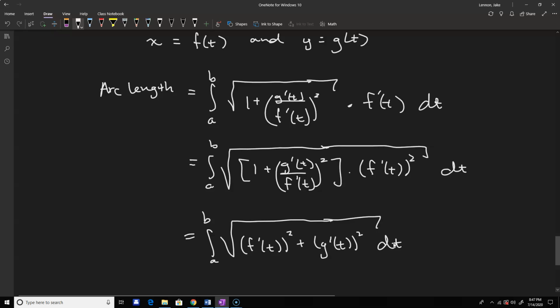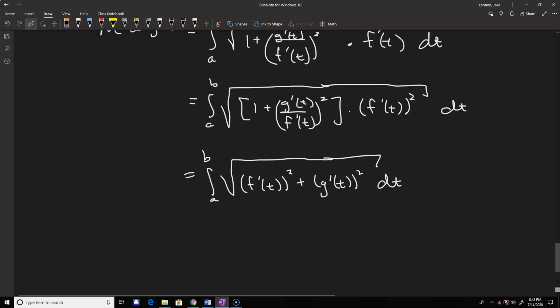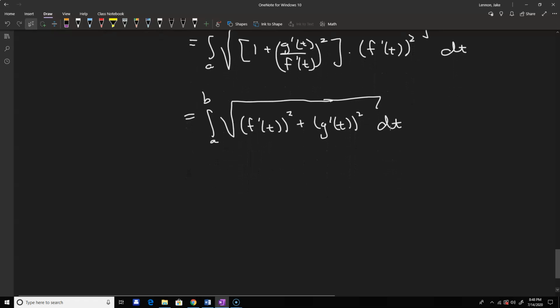So remember, arc lengths were pretty complicated when we had regular equations, but a lot of times if you have a set of parametric equations, the arc length can be much simplified. So let's go ahead and do a quick example demonstrating that this works for, say, a circle where we know the arc length already, so we can quickly check that this formula is correct.